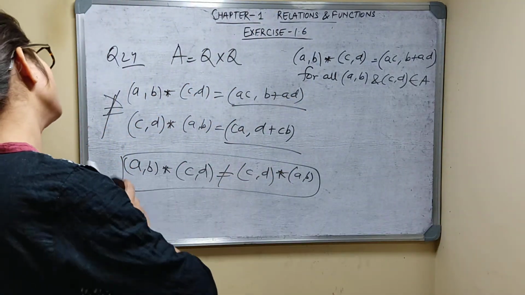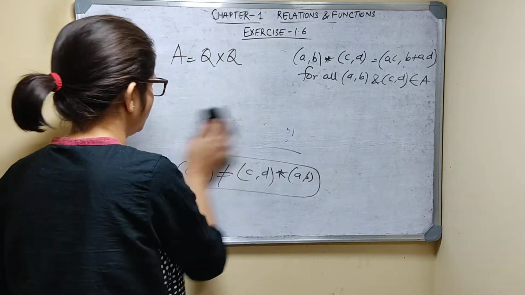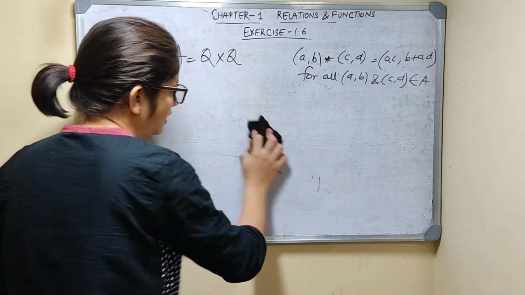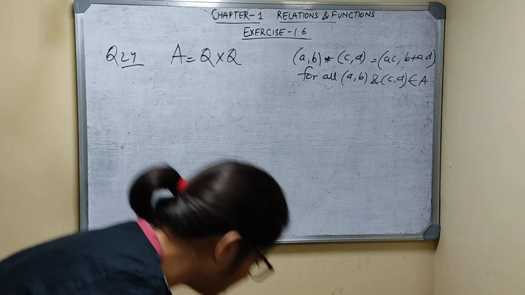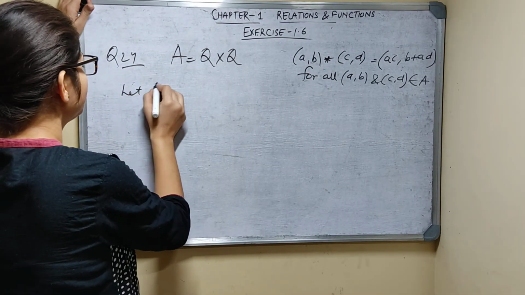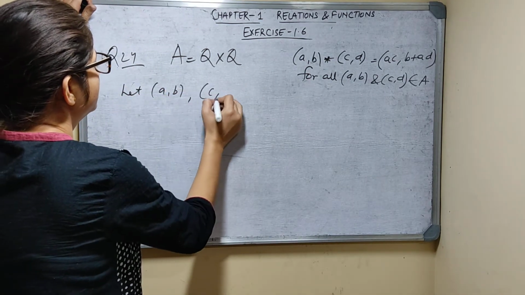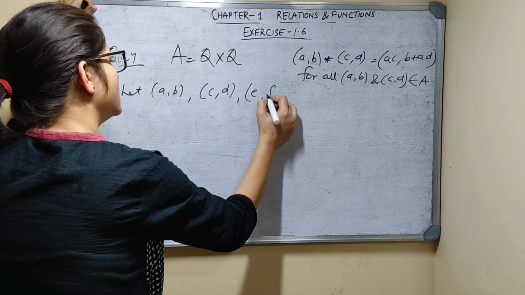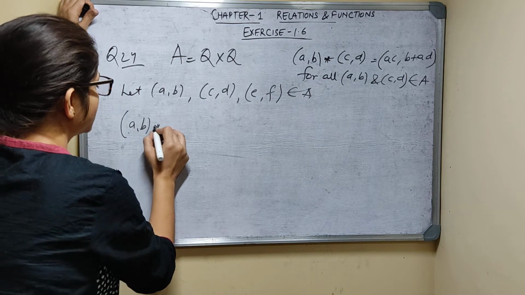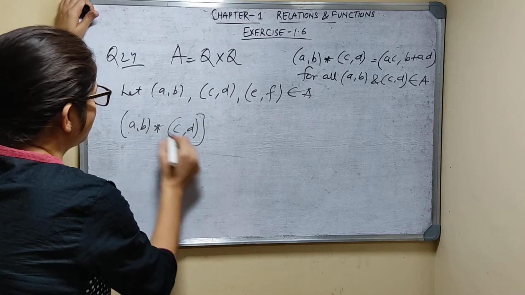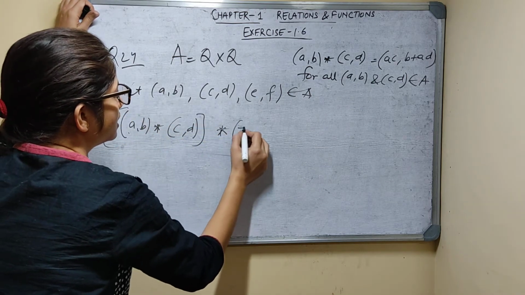You have to prove that it is associative. So I will prove that it is associative. Let's say (a, b), (c, d), (e, f), three ordered pairs I will take, belonging to A. First I will do (a, b) star (c, d), then star (e, f).